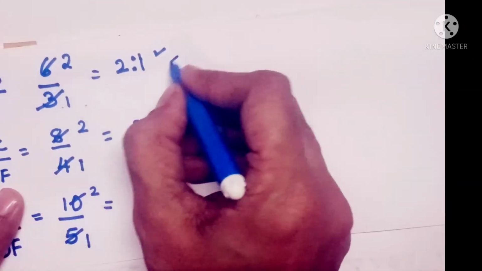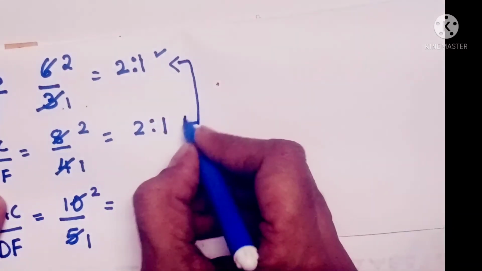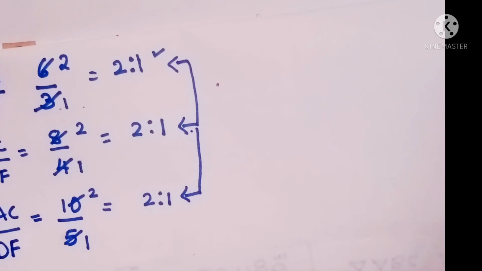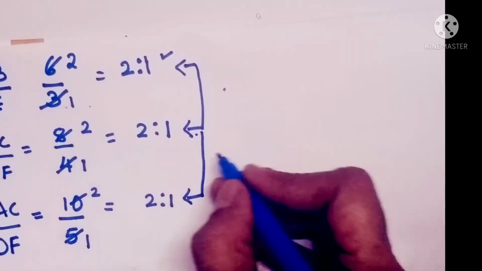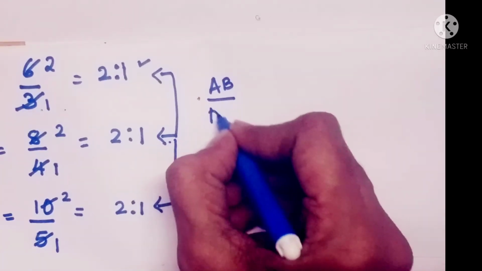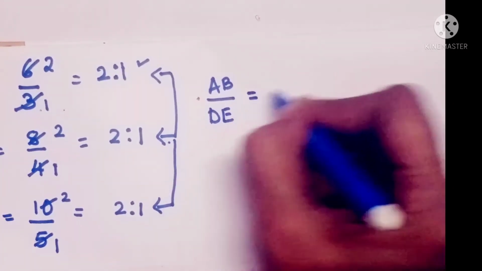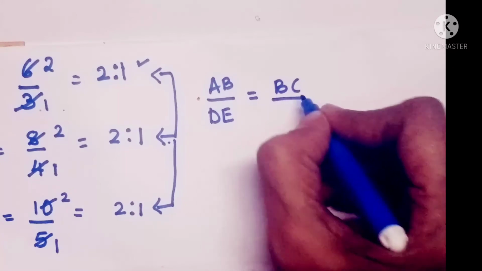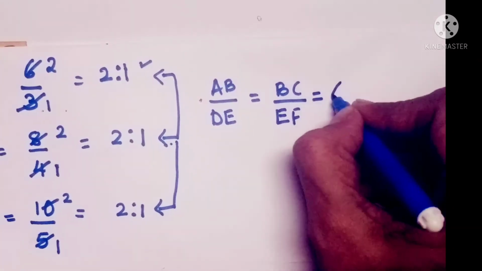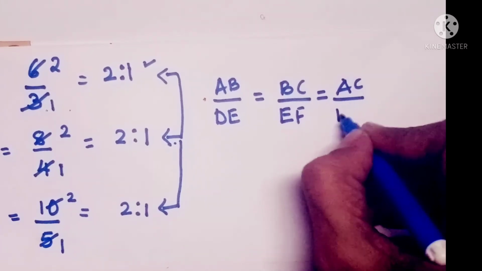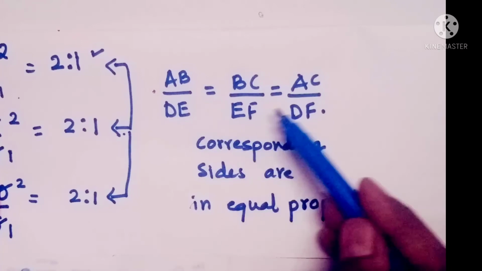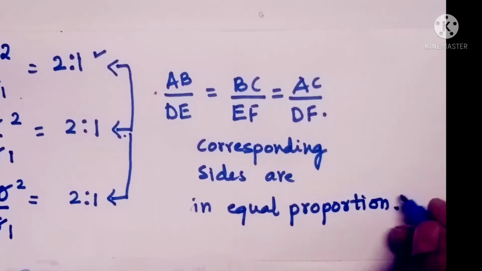So what do we observe? We observe that all three ratios are the same. So we can say that AB by DE is equal to BC by EF, and that is equal to AC by DF. This is the meaning of corresponding sides being in equal proportion.